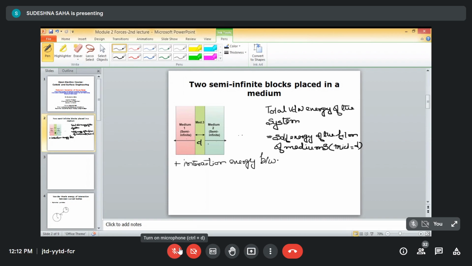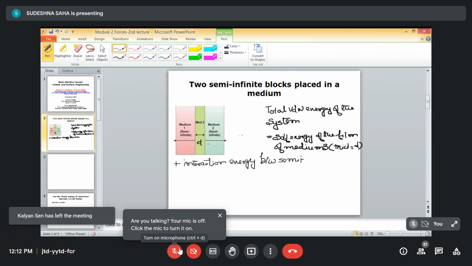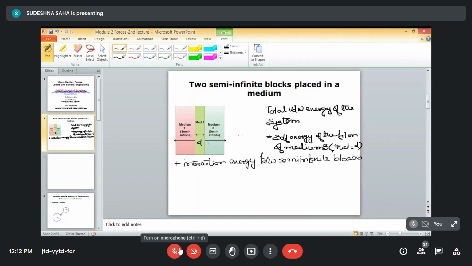So the interaction energy between the semi-infinite blocks, plus the interaction energy between semi-infinite block 1 and medium, and similarly for semi-infinite block 2 and medium.